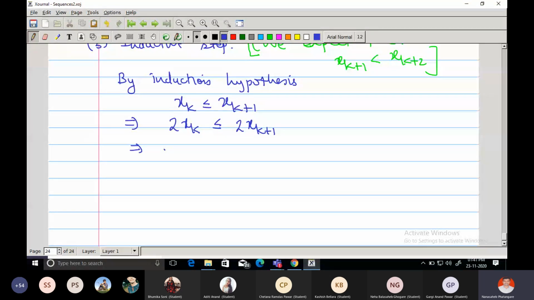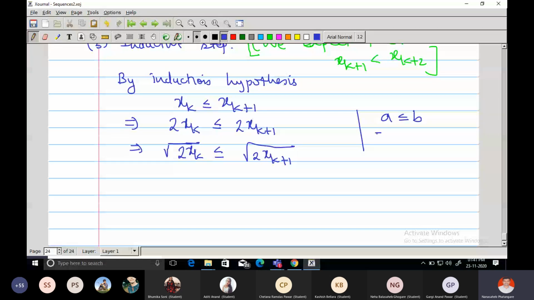Can I say that the inequality remains the same? Yes, because in the case of real numbers, we already proved that a less or equal b if and only if square root of a is less or equal to square root of b, if and only if a square is less or equal to b square. This is a basic property of real numbers for positive a and b that we already proved.